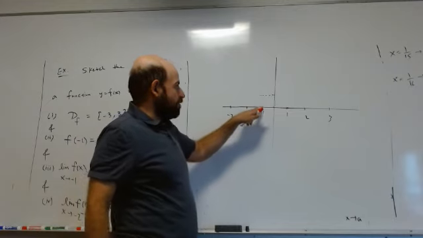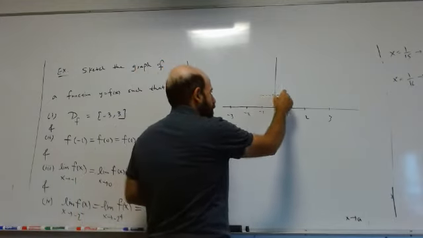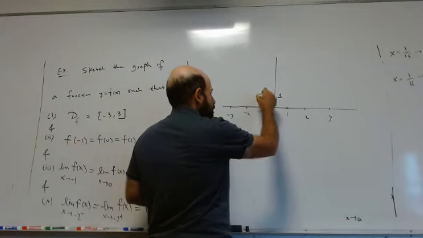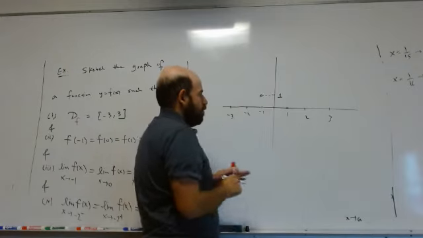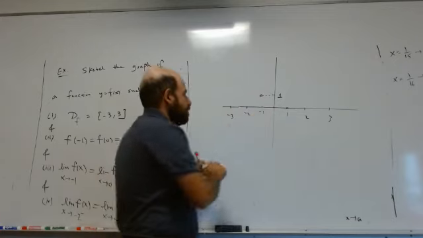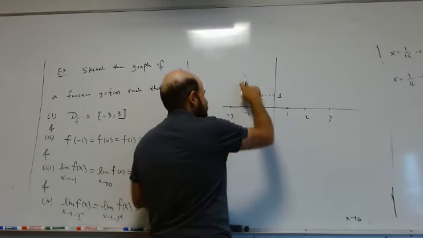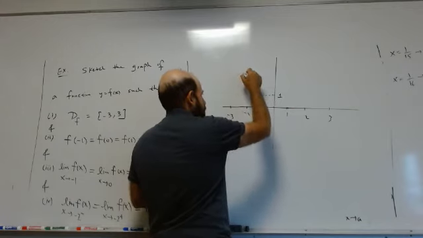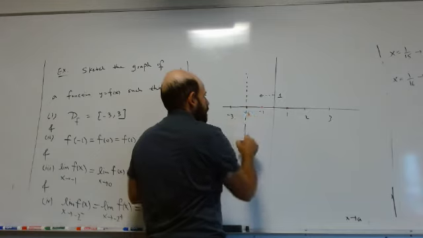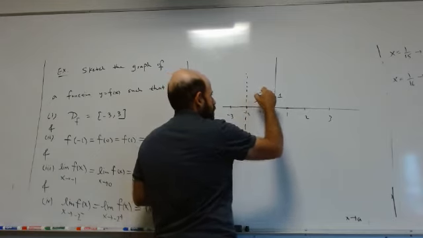But if x is close to -1, the output should be close to 1. So I need to have a hole here because at -1 itself, the output is 0, but close to it, it could be close to 1.